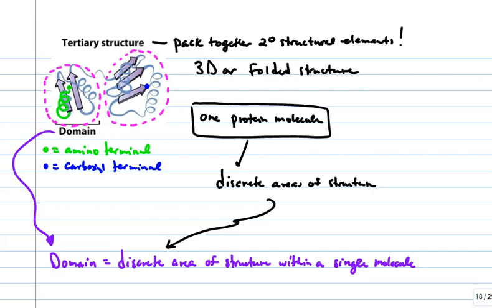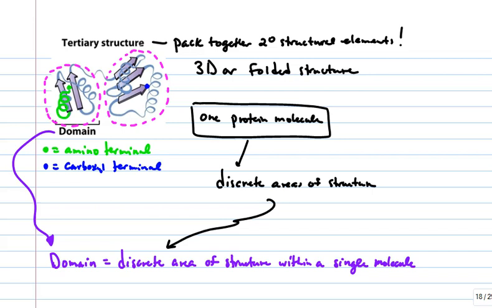But are there two independent, discrete areas of structure in the protein? I say yes, and I've highlighted them with the pink dashed lines. This protein would have what we would call two domains, because there are two clearly discrete, independent areas of structure, even though this is just one protein molecule.